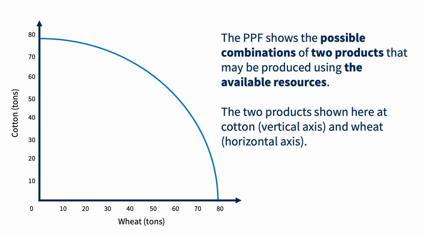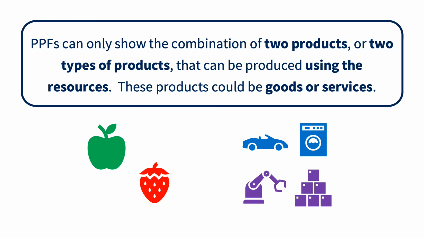The PPF shows the possible combinations of two products that may be produced using the available resources. The two products shown here are cotton on the vertical axis and wheat, which is on the horizontal axis. PPFs can only show the combination of two products, or the two types of products, that can be produced using the resources. These products could be goods or services.